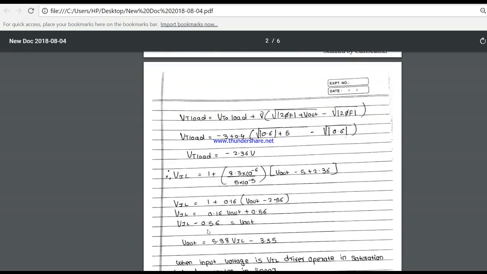VT load of V out is equal to VT load plus gamma times under root of mod of 2 phi F plus V out, minus under root of mod of 2 phi F. Putting in this equation, we'll get minus 2.36 volt. Now putting all the values in VIL, we'll get the equation VIL equals 0.16 V out plus 0.56. Now equating this VIL in terms of V out, we'll get V out equals 5.8 VIL minus 3.35.